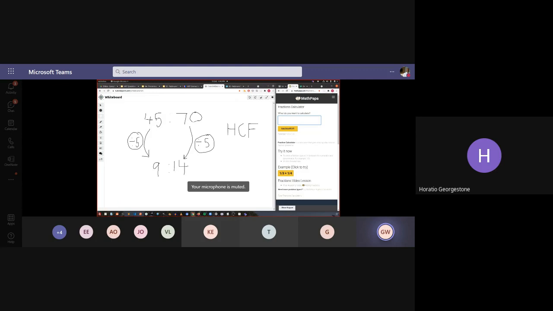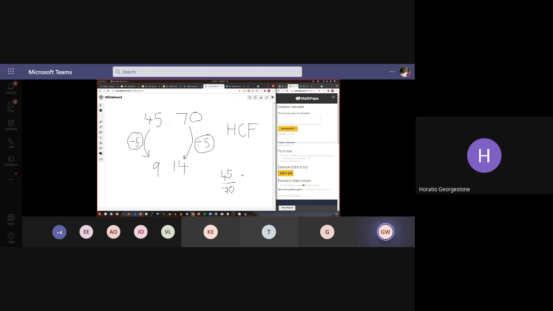However, when we're finding the simplest version of a ratio, what we have to do is find the highest common factor of both numbers and then divide them both by that number. Now, that's exactly the same process that we do when we find the simplest version of a fraction. So we could just put those 2 numbers into a fraction and get the calculator to simplify it for us.